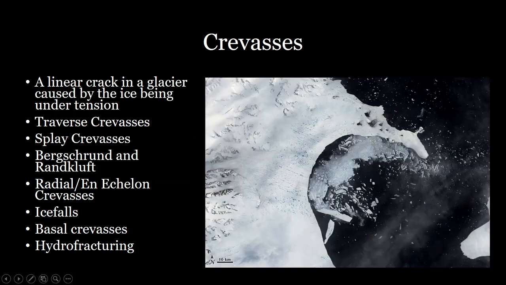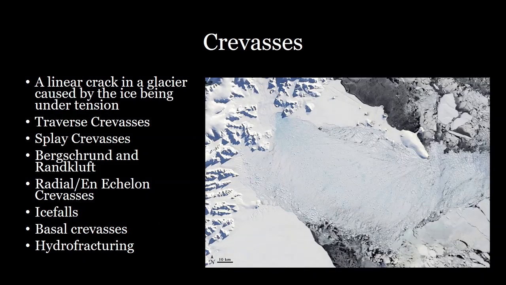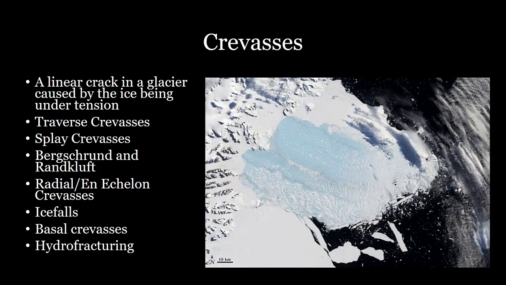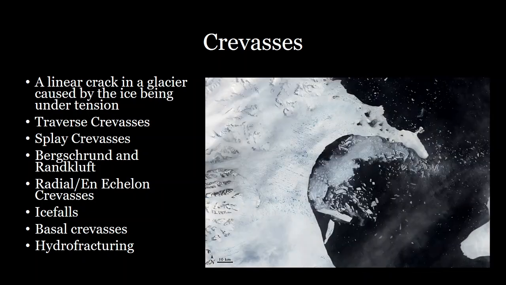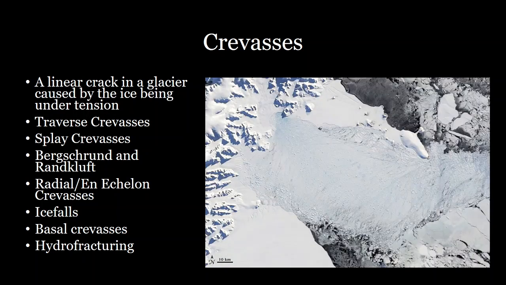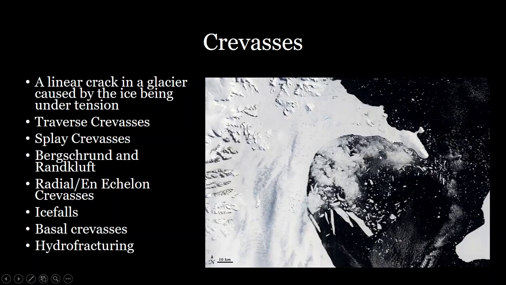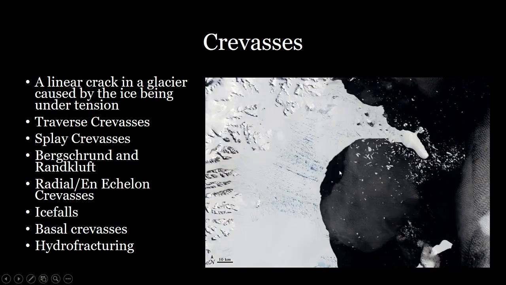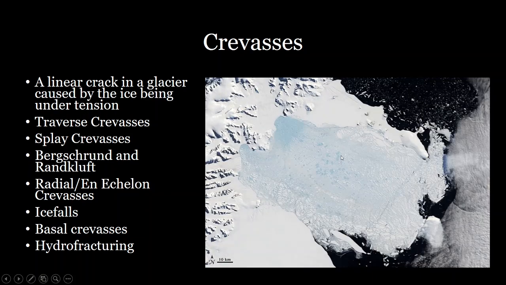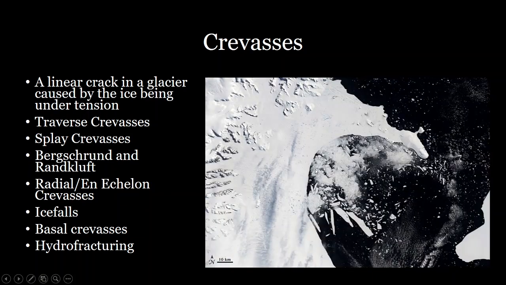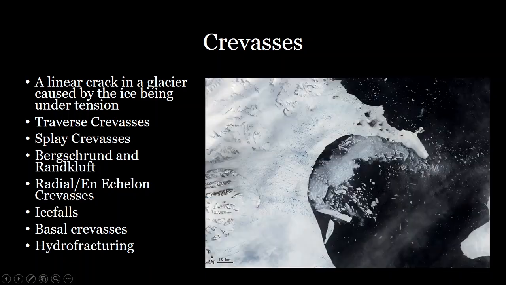That was really important, for example, in Antarctica, where we had this catastrophic glacier loss. This is the Larsen B ice shelf that completely disintegrated a few decades ago. And it was aided by the fact that there was a lot of hydrofracturing.